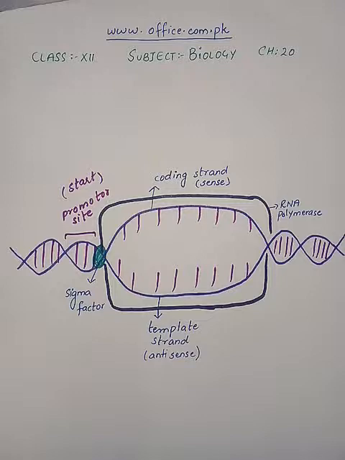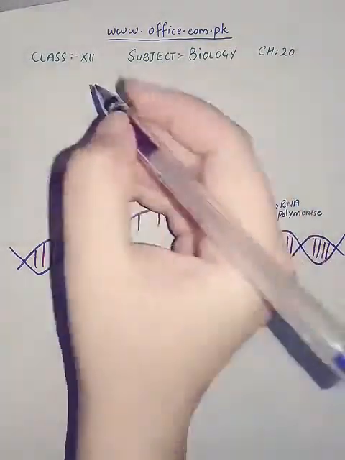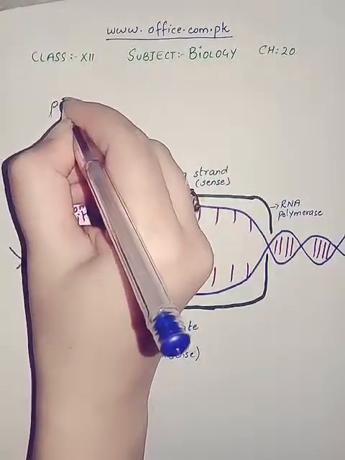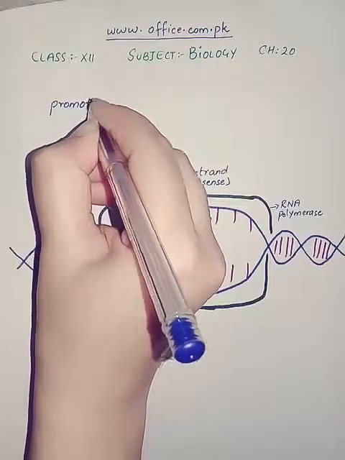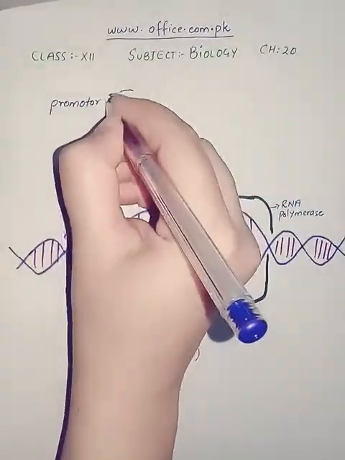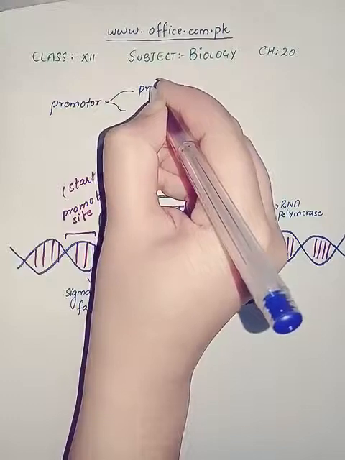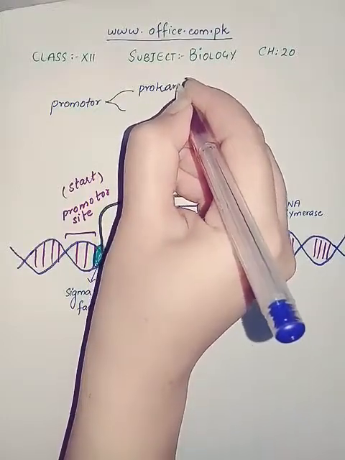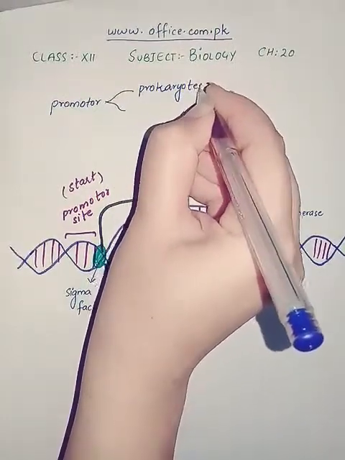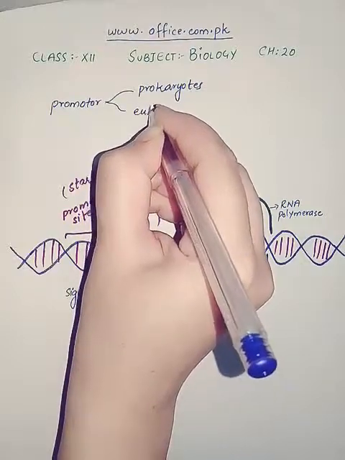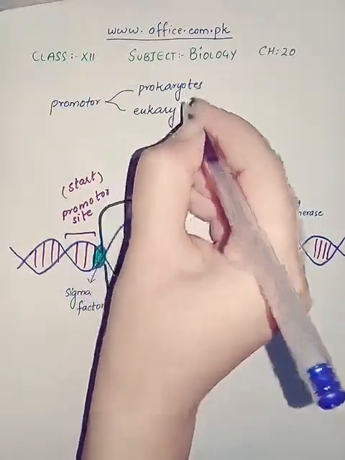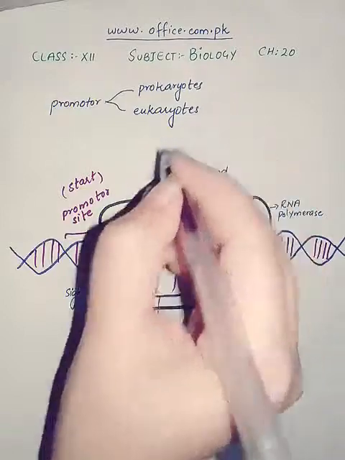The promoter site is different in different cells. Promoter sequence of prokaryotes is different from promoter sequence of eukaryotes. Both are different.